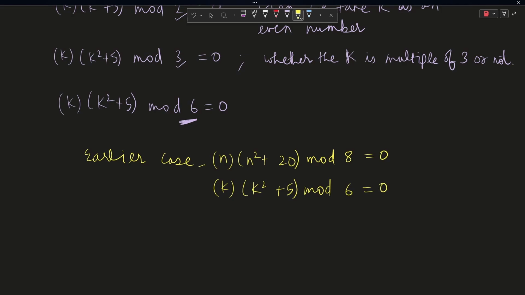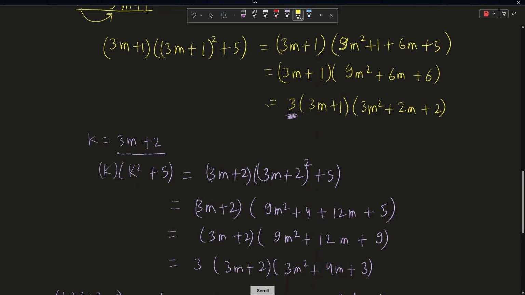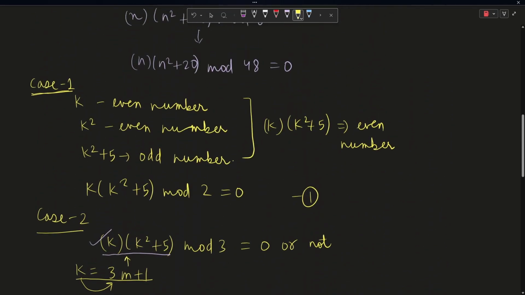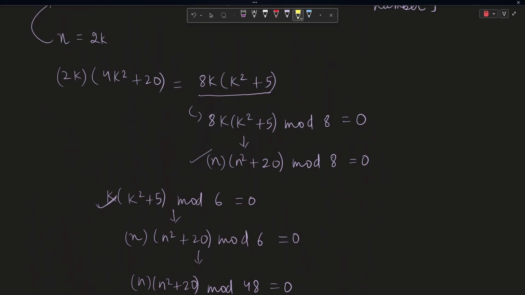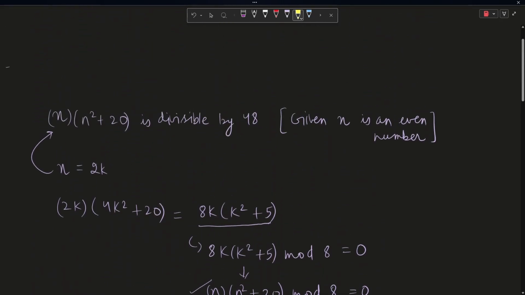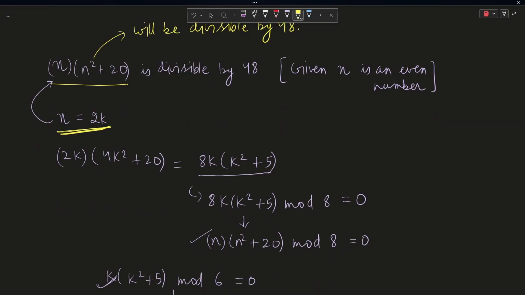So considering both these cases, I can say that our answer, that the whole number n into n square plus 20, will be divisible by 48, as it was given that n was an even number.